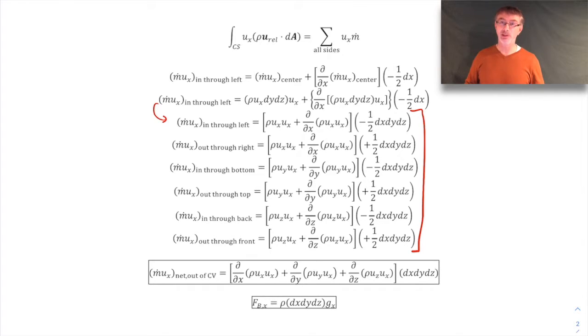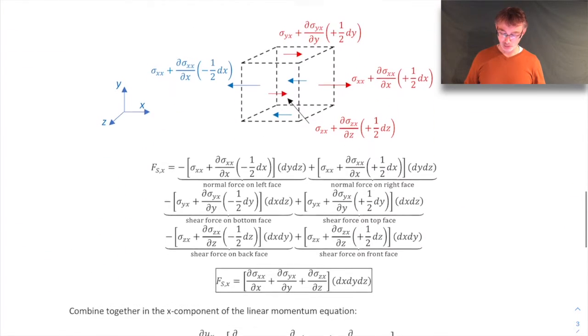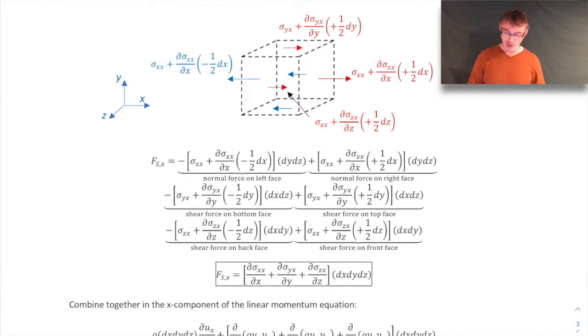Now the last term is the surface force term. That one gets more complicated again, and so I'm going to show another picture. Here's our cube again, our coordinate system. And what I'm going to do is just show the surface forces written in terms of stresses acting on all the various surfaces. Okay, so we're doing this in terms of stresses. So for example, on this right face, the force in the x direction is due to a normal stress on that surface.